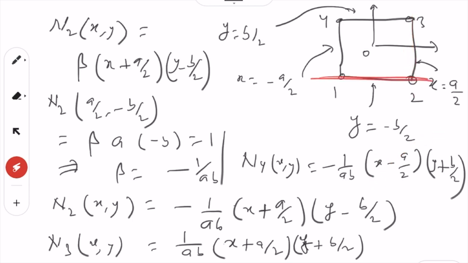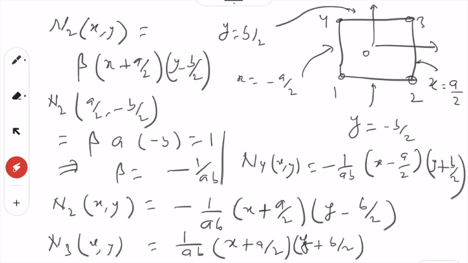Regarding this one, if you put y equal to minus b over 2, this becomes 0. If you put x equal to minus a over 2, this becomes minus a. If you put y equal to b over 2, it becomes b, so minus a multiplied by b, minus ab, hence you get that. So basically this is how it works.